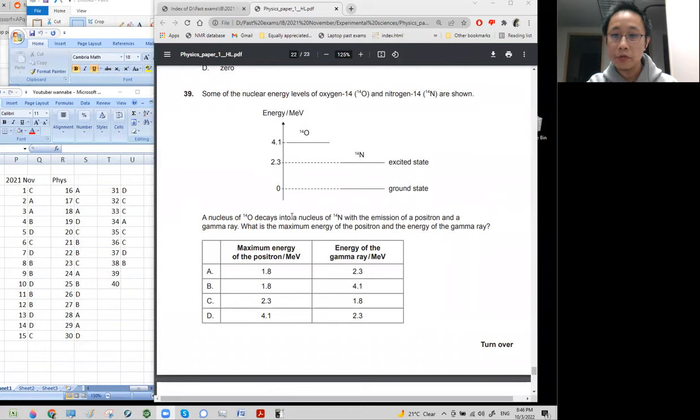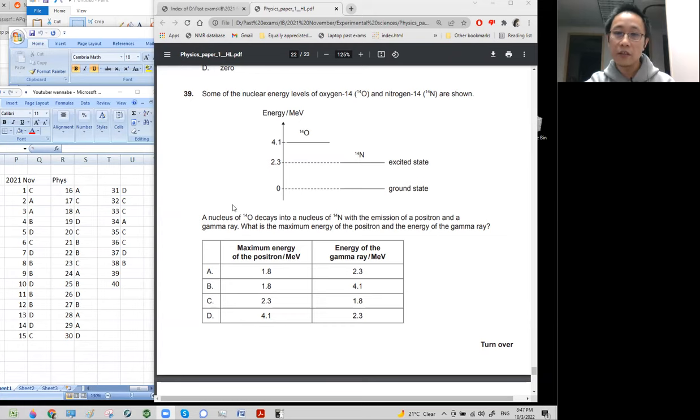Wait, I might want to change my answer. If the decay occurs all the way to the ground state, then of course there won't be any gamma ray photons emitted. For the gamma ray of 2.3 MeV to be emitted, you need the oxygen to decay to the excited state. But whether the decay goes to the excited state or the ground state are separate events.